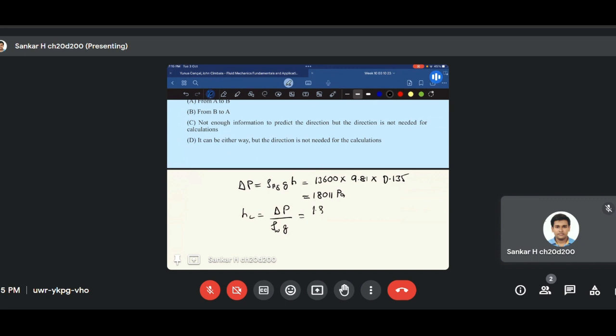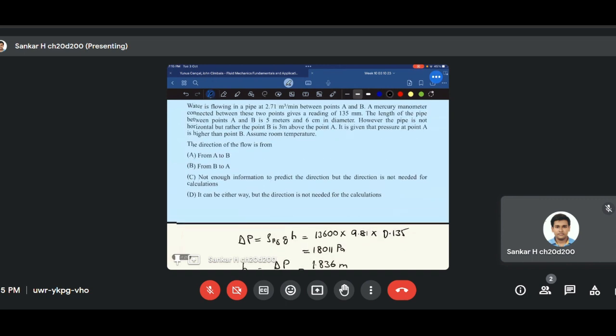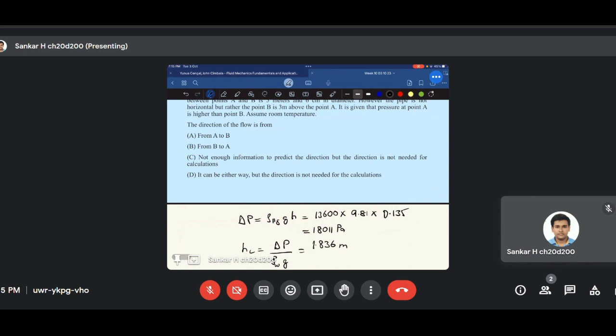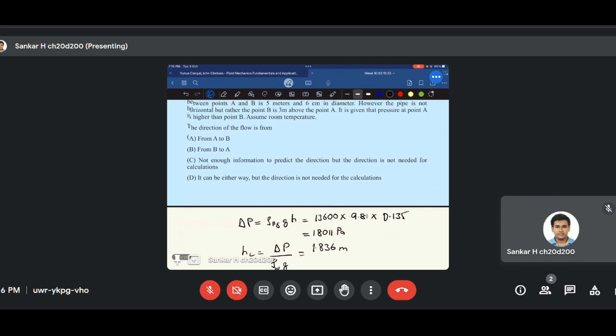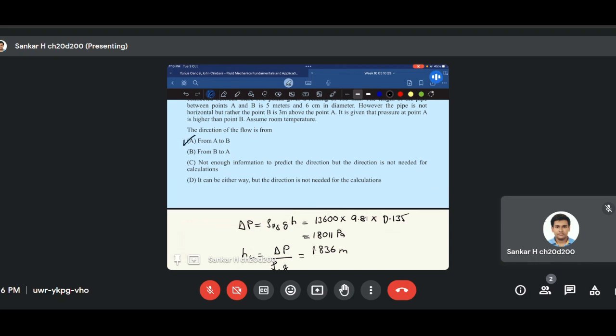And it will be 1.836 meters. Therefore, the flow will be from A to B.